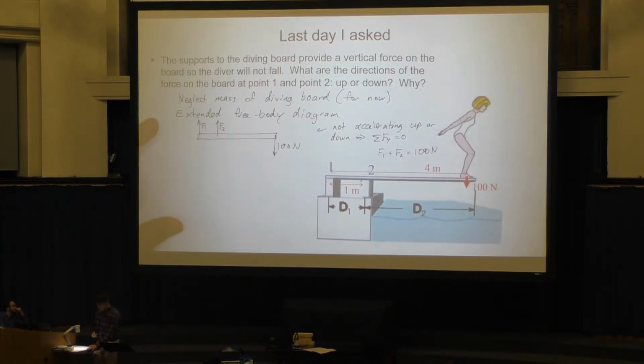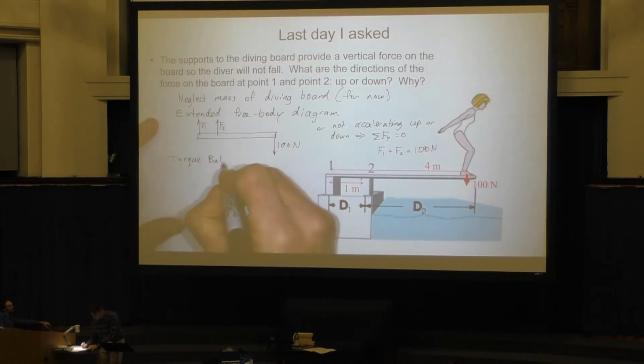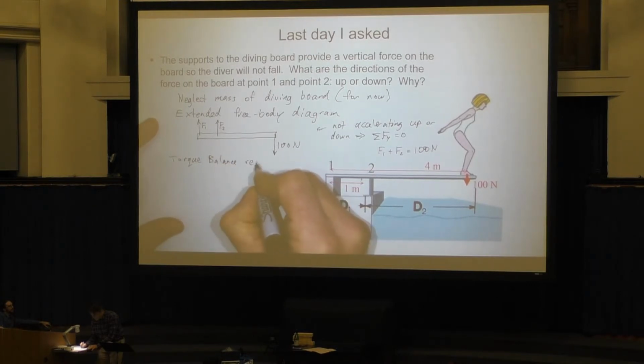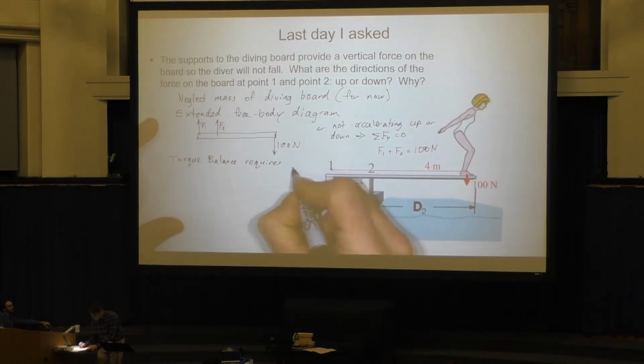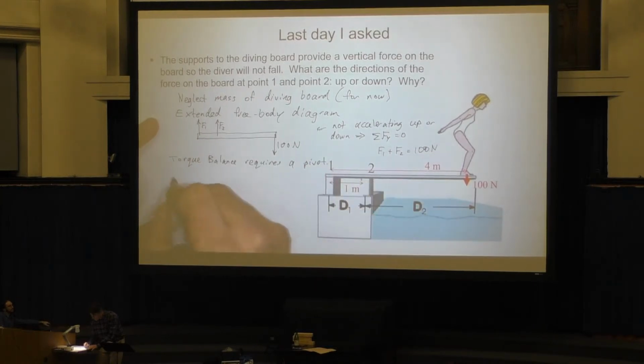And then the next step is to balance the torques from all of these. So torque balance requires a pivot. And so you just choose a pivot.